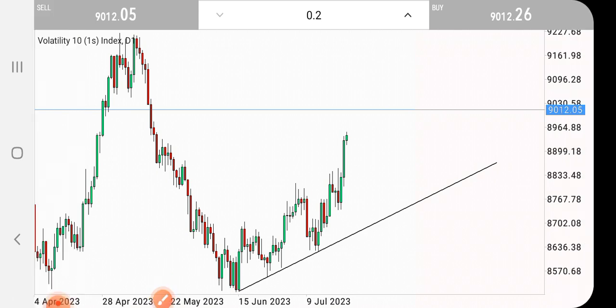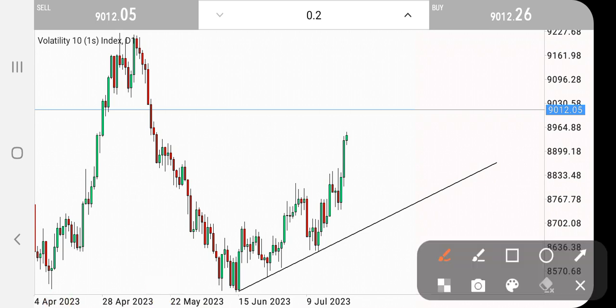If you can realize, the market is going up. It moved from this point to this point, moved here, went there, came back, moved again. This is how we see the uptrend.